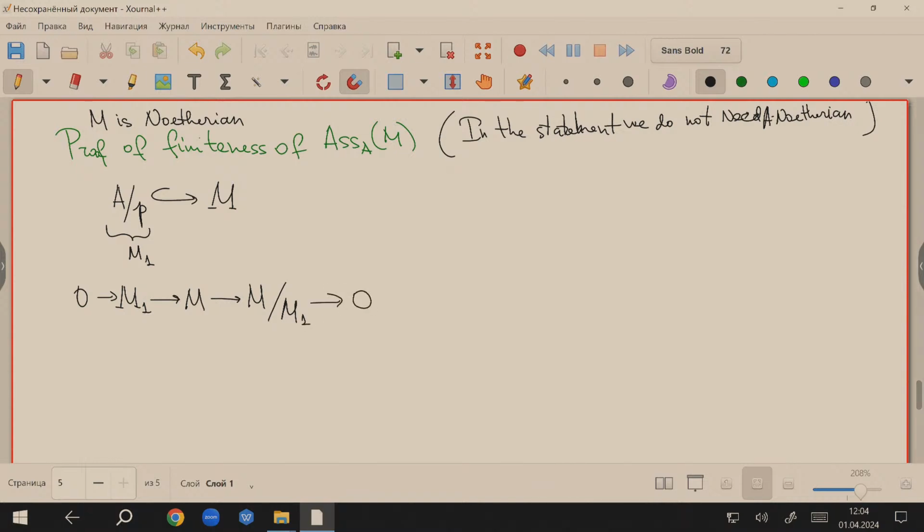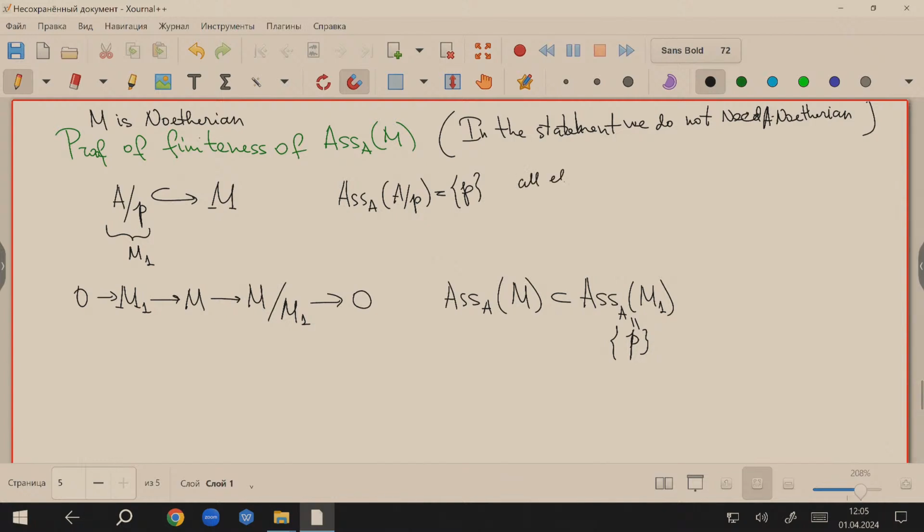And here by induction, you see that the set of associated primes of M is contained in the set of associated primes of M1, but this is just A mod P, so this is just P. When you take only A mod P, it is clear that the set of associated primes of A mod P is equal to P, because all elements have annihilator equal to P.